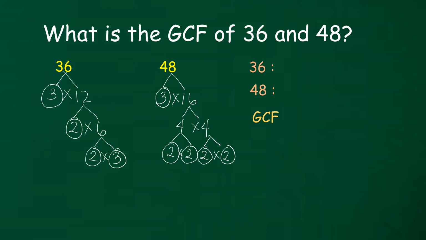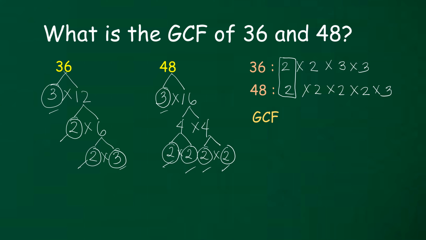Let's list down the factors. For 36, we have 2 pieces of 2, 2 times 2. Then we have 2 pieces of 3, 3 times 3. Then for 48, we have 4 pieces of 2, 2 times 2 times 2 times 2. Then we have 3. Now, let's identify the common factors.